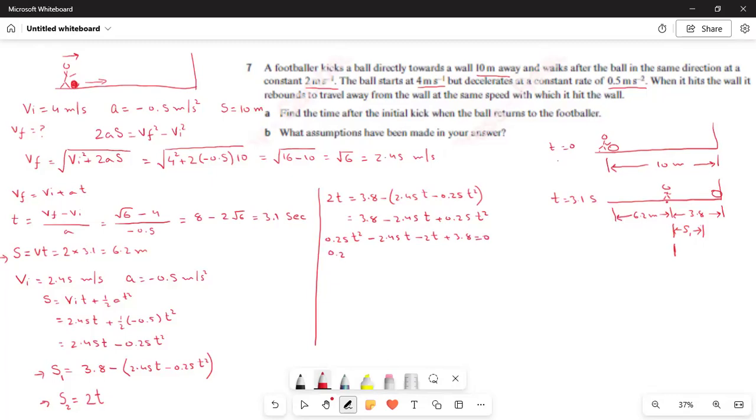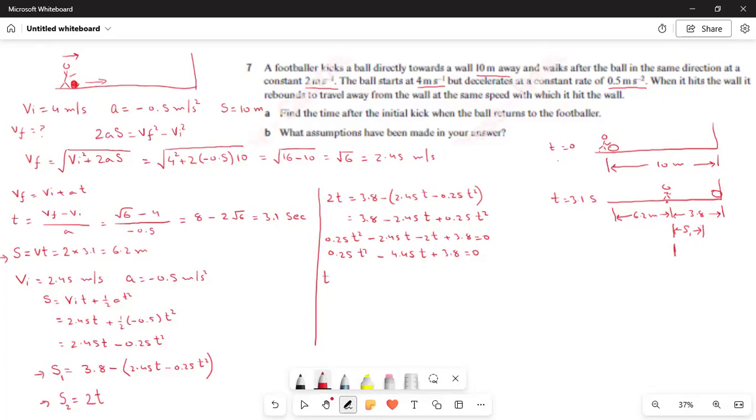So 0.25t square minus 4.45t plus 3.8 equals 0. Okay, so this is a quadratic equation. Yes, so let's solve it.